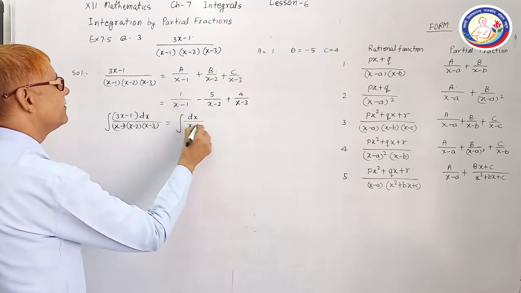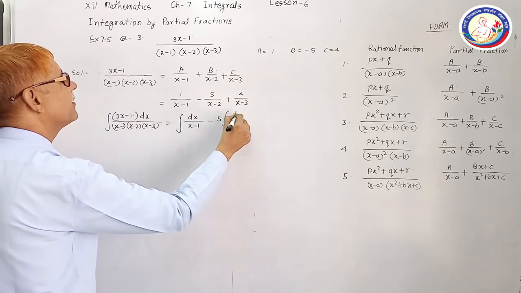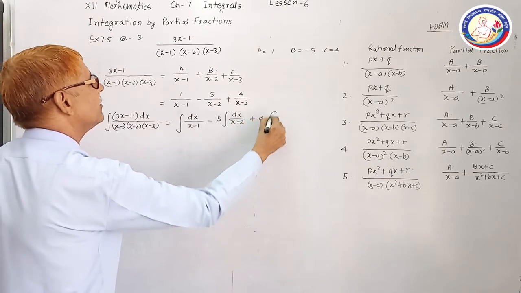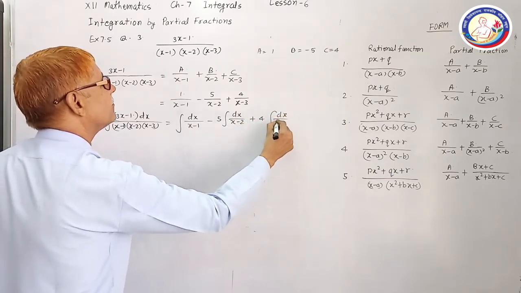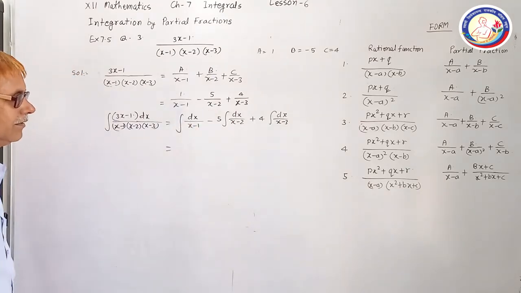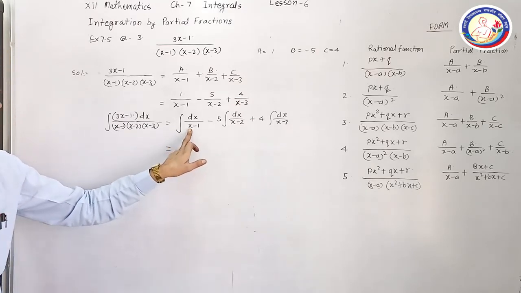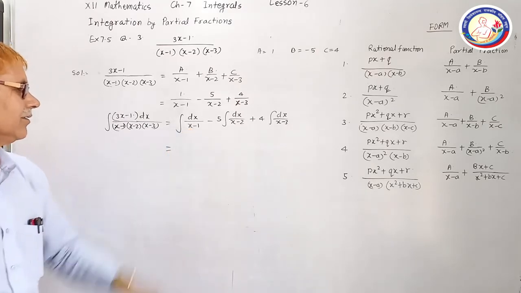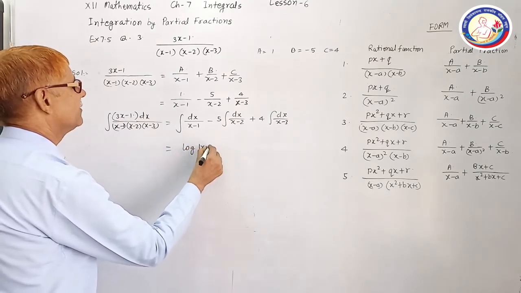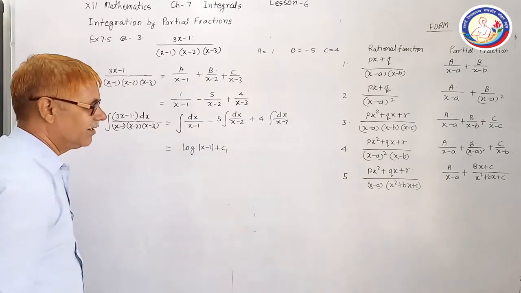You can write directly minus 5 into integration of dx upon x minus 2 plus 4 into integration of dx upon x minus 3. It is simple because we are not having any coefficient of x, its coefficient is 1, so it is log of x minus 1, and the constant of integration you can take c1.